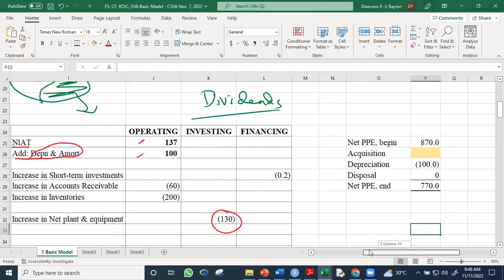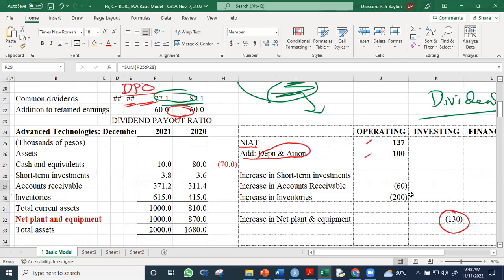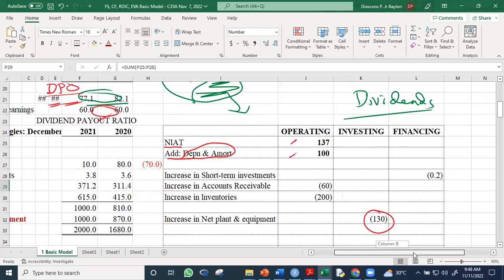Complete. But my question is, is this the correct ending amount? 770. What should be the correct ending amount? Take a look at your balance sheet. What should be the ending amount? It should be 870, po. 870 is the beginning. I mean 1,000, po. Oh, it's 1,000. Thank you so much.